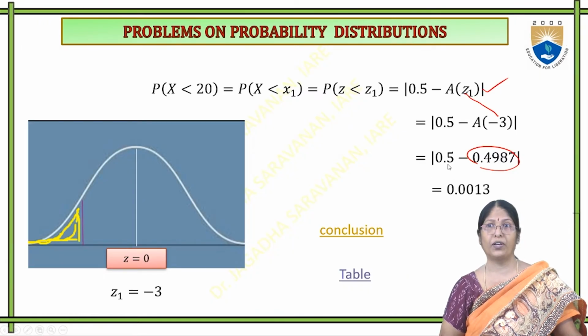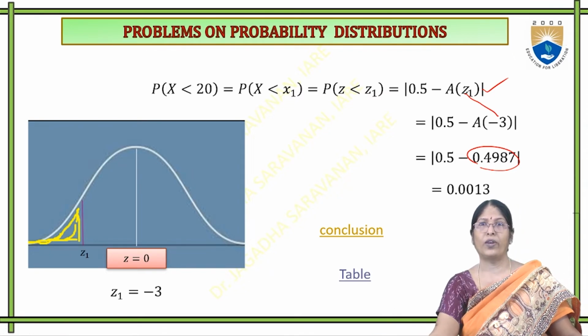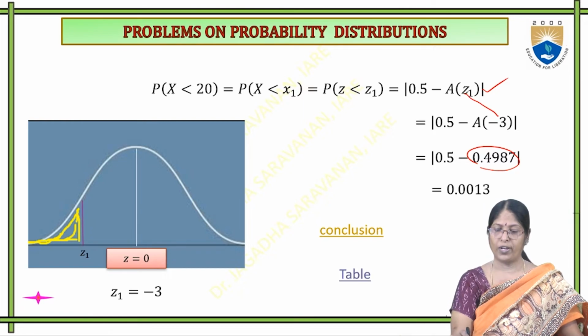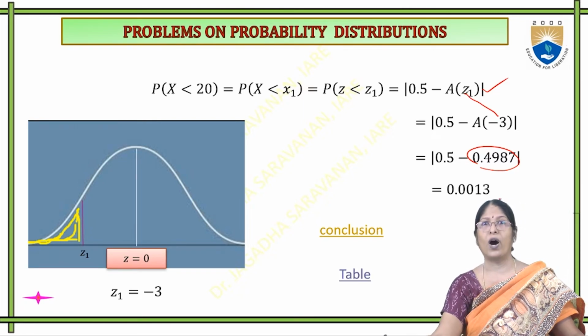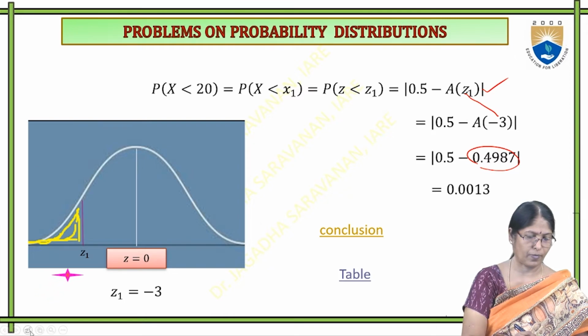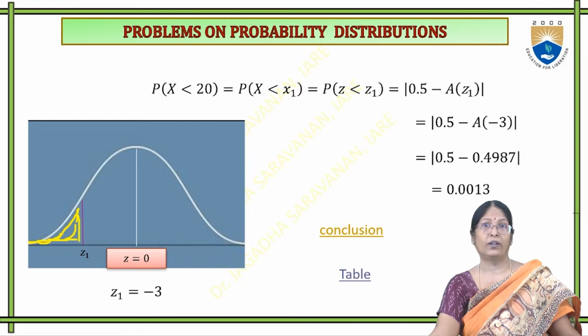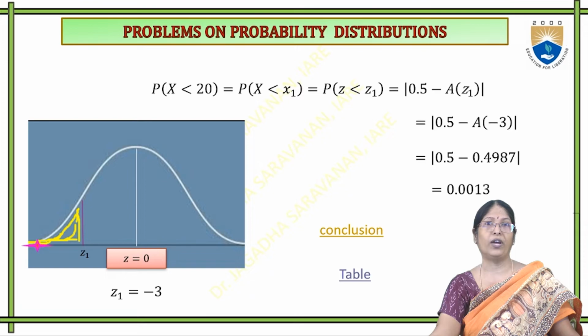It is placed here. So the calculations, and we got 0.0013. So this is the domain. The star indicates we are finding, we evaluated that the result is 0.0013.